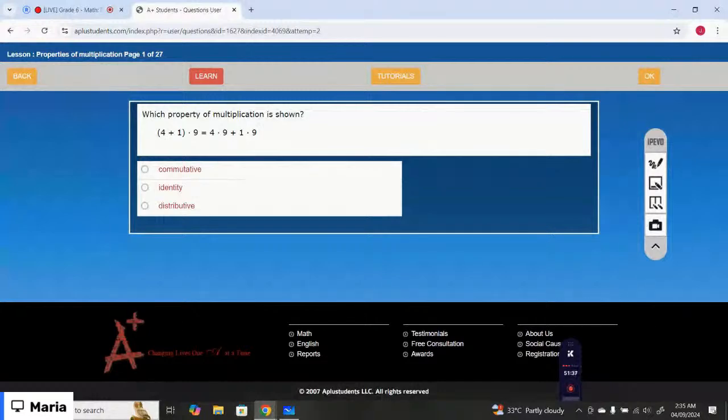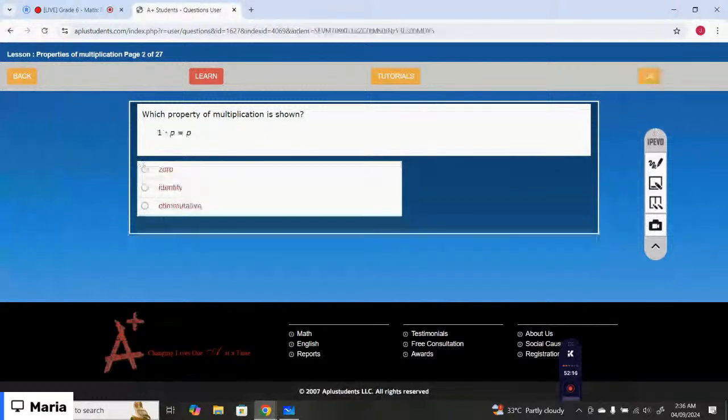Which is the correct option? That is the distributive property, right? The correct option is the distributive property. It is right. So option number 3 is the correct option.